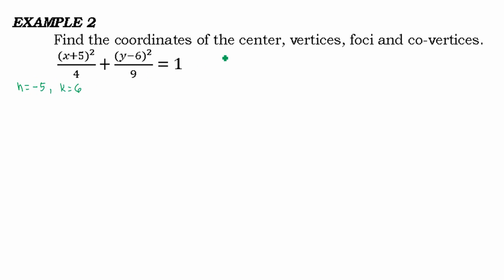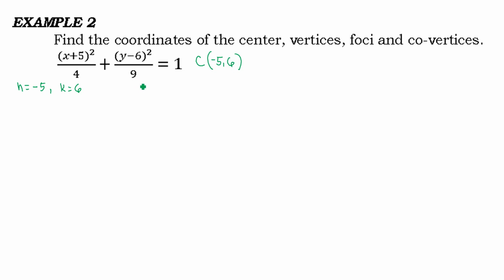In other words, the center of the ellipse has the coordinates of -5, 6. Okay, now, as we can see here, na 9 is greater than 4. And 9 is the denominator of y squared. Kapag i-expand natin to, we have y squared. So in other words, yung ellipse natin ay vertical, meaning patayo.